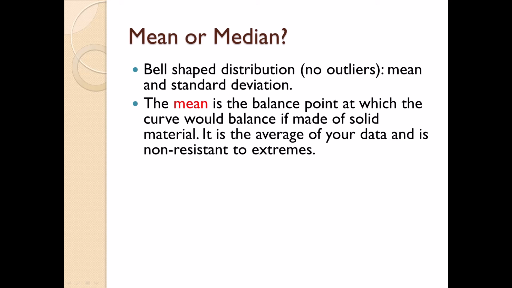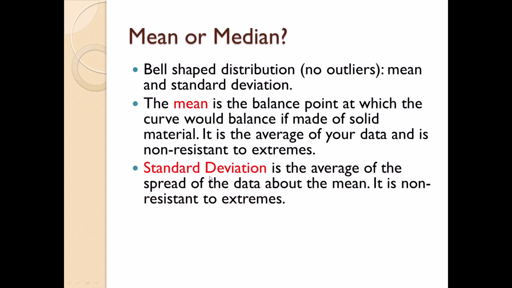So if you have a histogram and you can just sort of imagine where a fulcrum might be to balance that thing, that would be a good estimate for where your mean is. And remember, your mean is just your arithmetic average and it is non-resistant to extremes. Along with your mean is standard deviation, and that just measures the average of the spread of your data about the mean, and it is also non-resistant.